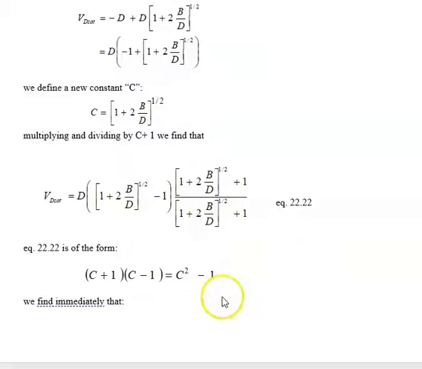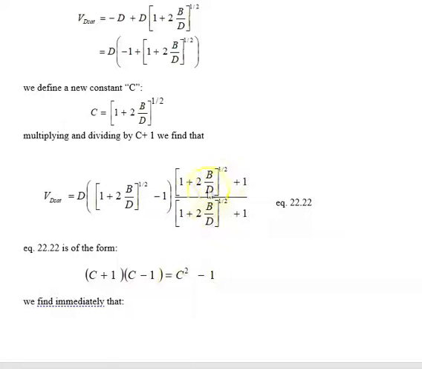And if I do that, I get a form where I multiply this guy by this guy right here, and I get C plus 1 multiplied by C minus 1. And that, of course, is just equal by elementary algebra to C squared minus 1. And that is the goal of the exercise.